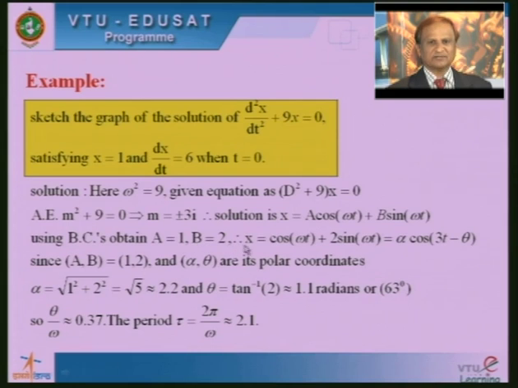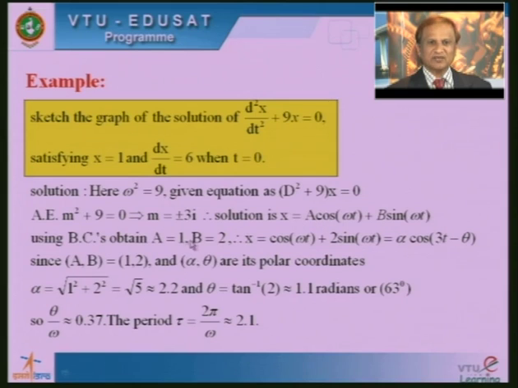So, you will get the value of b, right. So, we can obtain the values of the arbitrary constants a and b. Then you can substitute those arbitrary constants in the solution, is it clear, right.